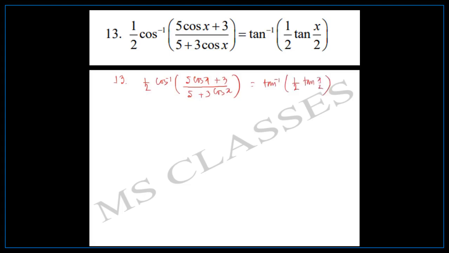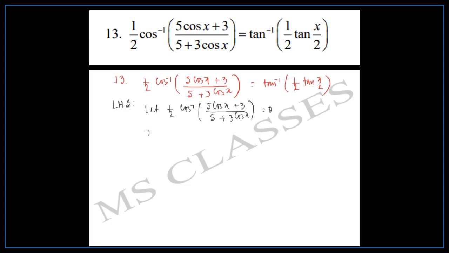Now here there are many ways we can proceed. One of the methods is that we can consider this as theta, and then do exactly what we have done in the previous one. So here, LHS: let half of cos inverse of 5 cos x plus 3 by 5 plus 3 cos x equal to theta.